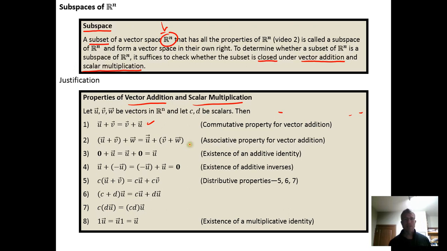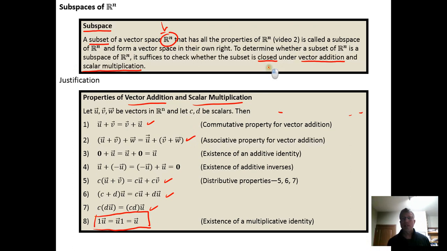The commutative property gets inherited, the associative property gets inherited, the distributive properties get inherited. Multiplication, the existence of the multiplicative identity, the scalar 1 times u, these are things that are going to be inherited. Maybe not. Maybe this one needs a little bit of justification.